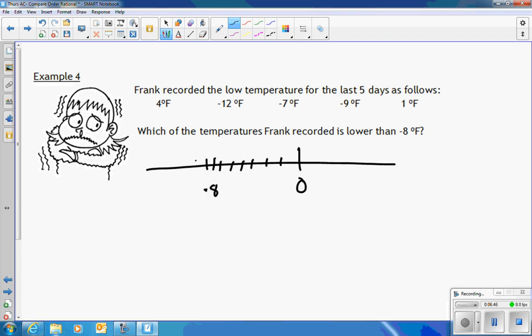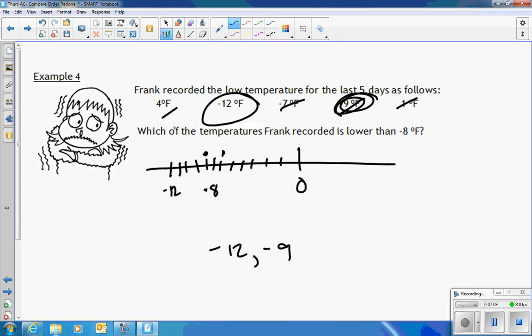So this would be 9, 10, 11, 12. -12 is going to be lower. -7 would be right here, so that's not lower. -4 is definitely not lower. -9 would be right here, so that one's lower. And of course, a positive number doesn't work either. So -12 degrees Fahrenheit and -9 degrees Fahrenheit is colder.